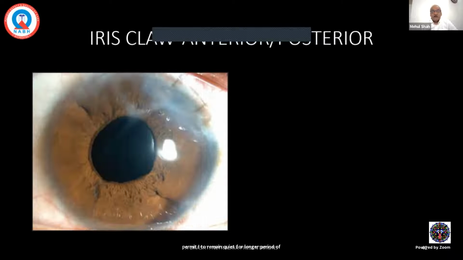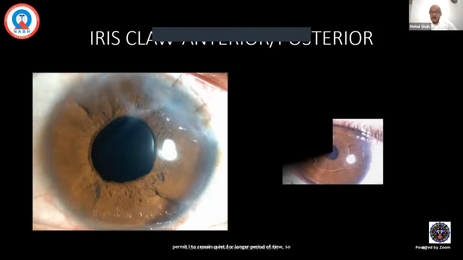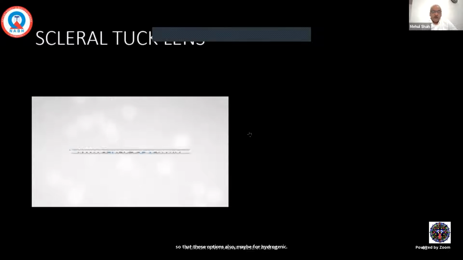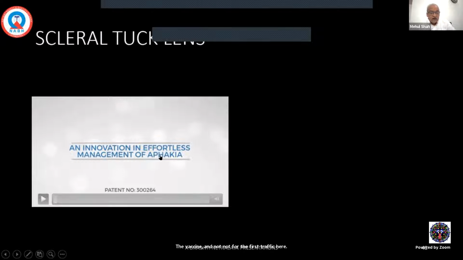There are other options, iris claw lenses, either posterior or anterior, but again, they have their own implications. In many trauma cases we have a poor iris, with no iris support, so these options may be for iatrogenic aphakia and not for post-trauma aphakia. So we found this solution.